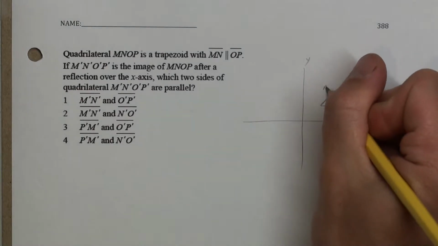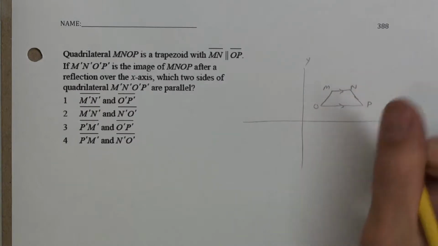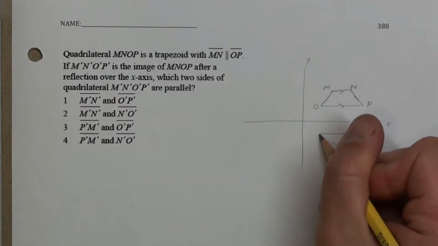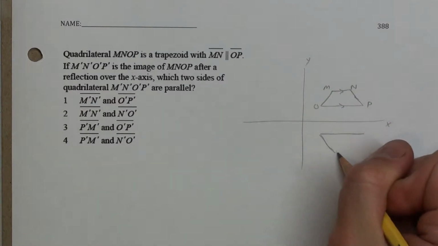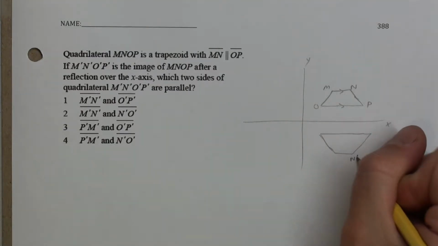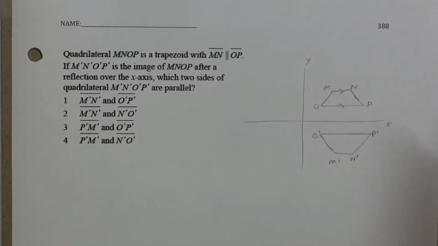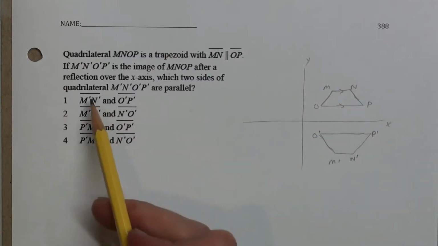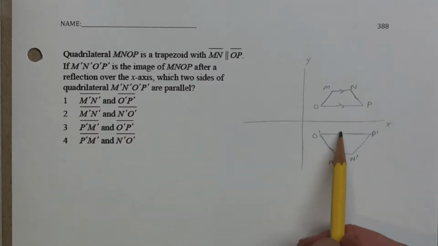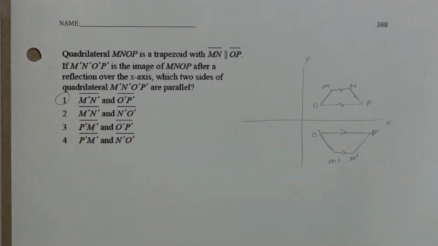MN, OP, these are parallel. If we then flip it, we would have N prime, M prime, P prime, O prime. So which two sides of the quadrilateral are parallel? Well, it's still M prime, N prime, and O prime, P prime. Choice 1.